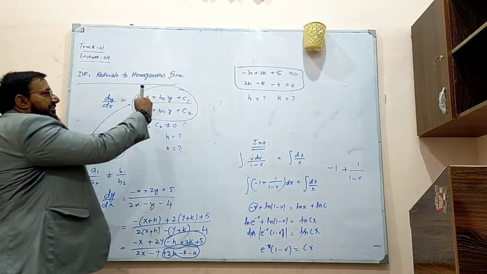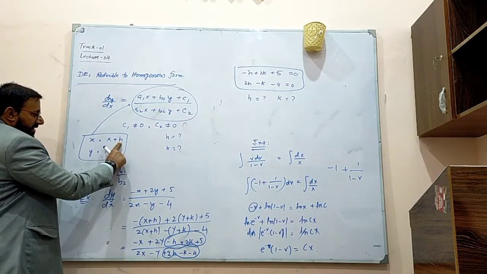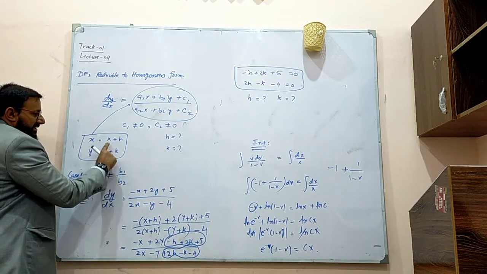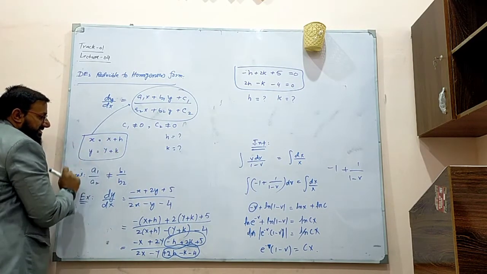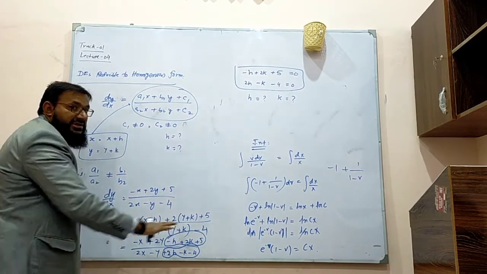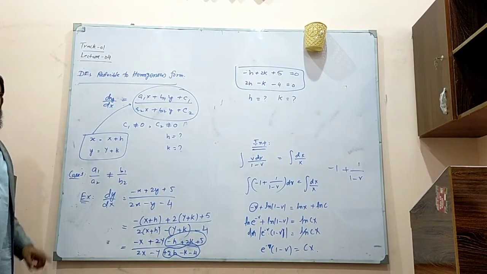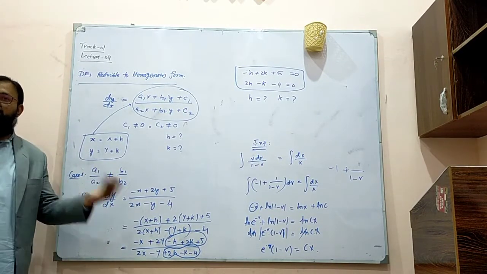Okay, let's say you got h to be 1 and k to be 2. You put 1 here and 2 here. Then you find the values of capital X and capital Y by taking these values to the left hand side, because you will put the capital X and capital Y values at the end after solving this. Because you want the values in small y and small x, not in capital Y and capital X.